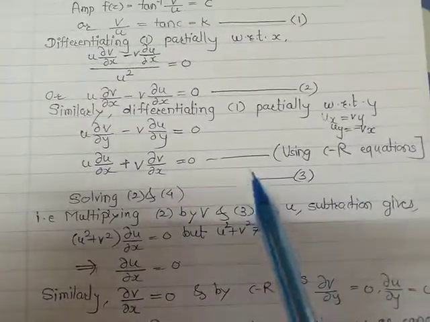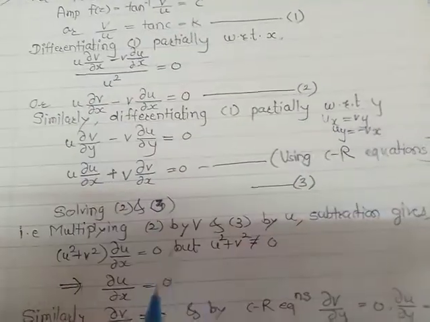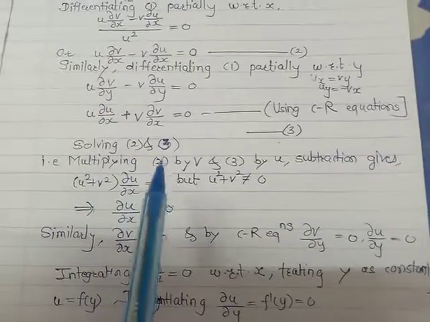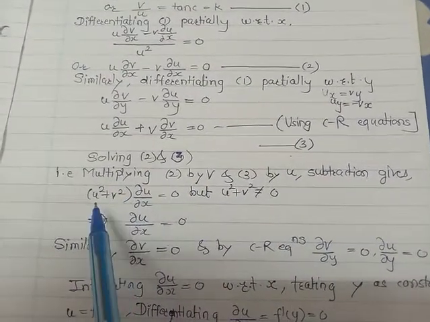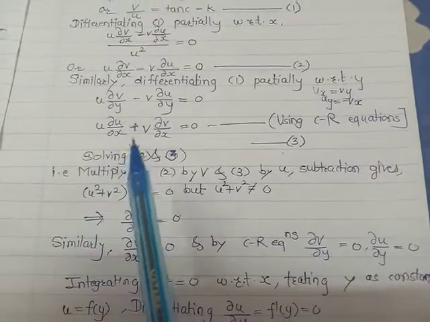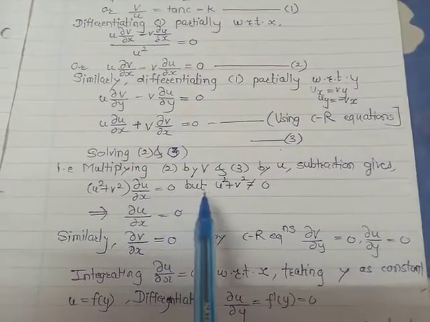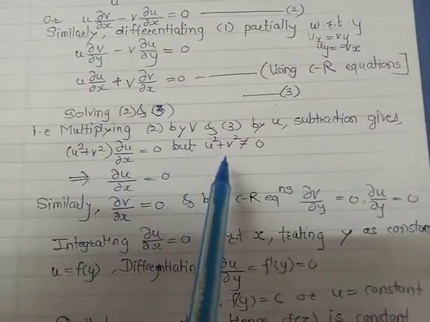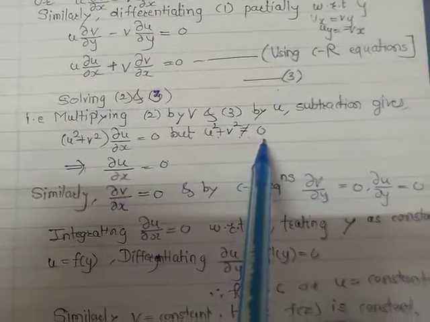Now solving equations 2 and 3, that is multiplying 2 by v and 3 by u and subtracting, will give us that (u square plus v square) ∂u/∂x is 0. But since f(z) is u plus iv, u is the real part and v the imaginary part, we can say definitely that u square plus v square should not be 0.